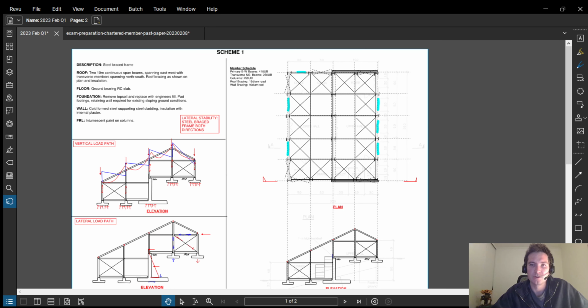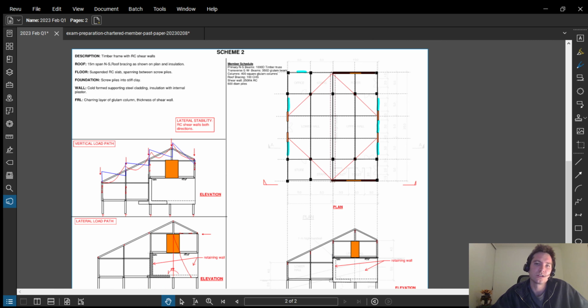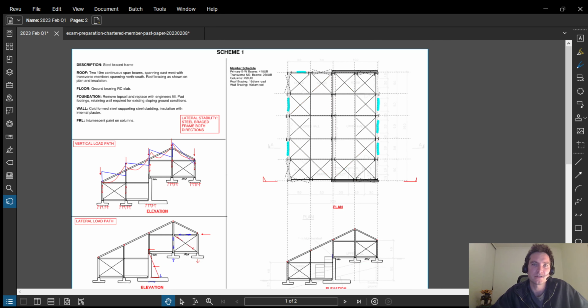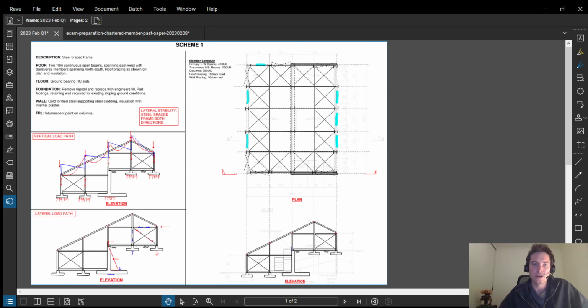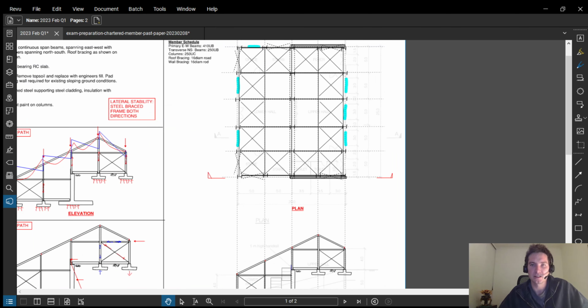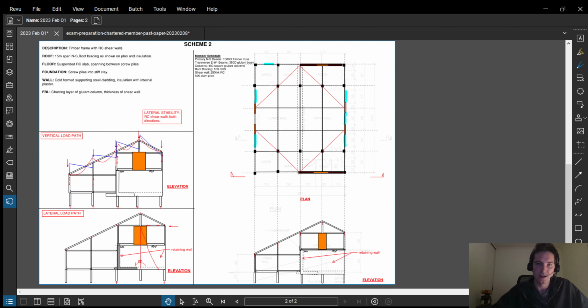So at a high level, the things that I would describe as benefits of scheme 1 over scheme 2 to the client, the main one for me, is the primary beams are spanning a shorter distance. Here they're spanning 10 meters. In scheme 2, my beams are spanning 15 meters. So remember bending moments, WL squared on 8 for simply supported beams.